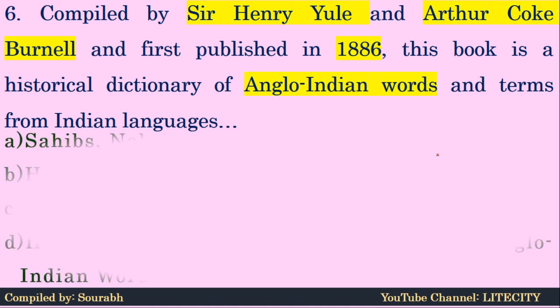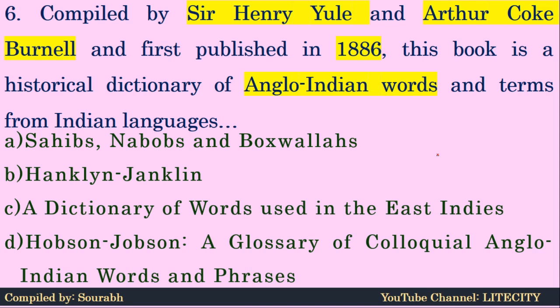So the names of the books are: Sahib, Nawabs and Boxwalas. Second is Hanklin Jenklin. Third is a dictionary of words used in the East Indies. And the last one, Hobson Jobson, a glossary of colloquial Anglo-Indian words and phrases.